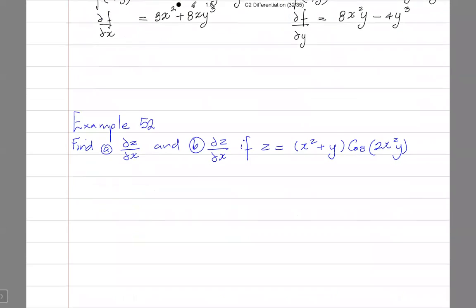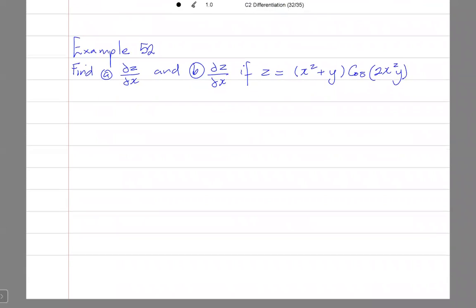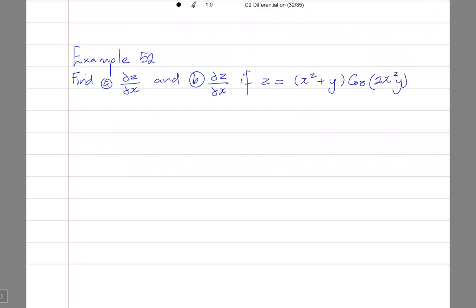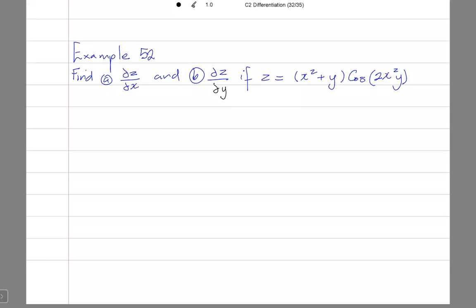So please try example 52. Example 52 is asking us to differentiate the function z partially with respect to x. So let's write the function z.